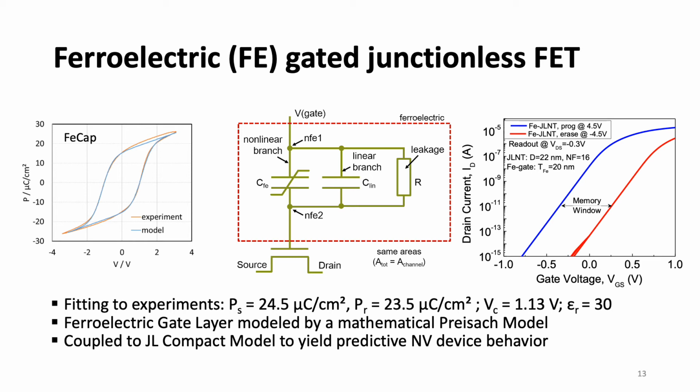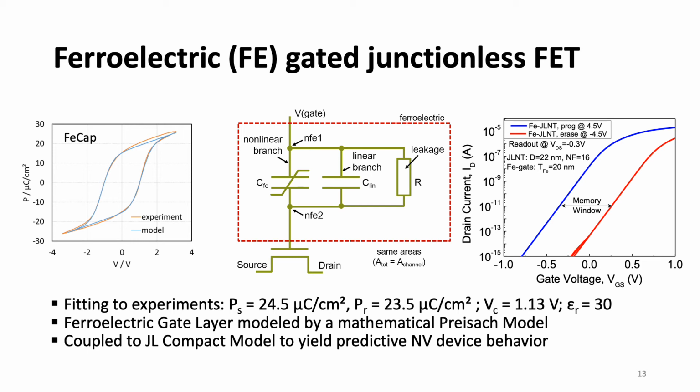We started from an experimentally measured polarization hysteresis of a hafnium zirconium oxide capacitor with a thickness of 8.5 nanometer. We modeled the hysteresis with a purely mathematical model following the approach of Preisach-Miller that assumed that the overall polarization is a superposition of individual dipoles.